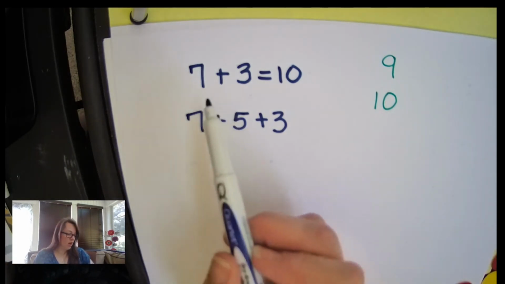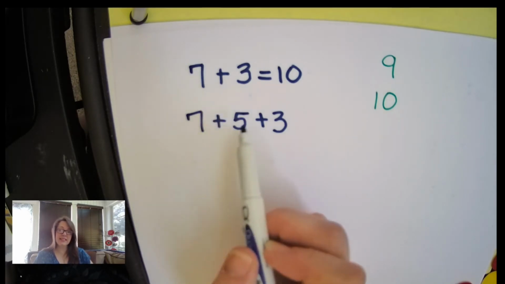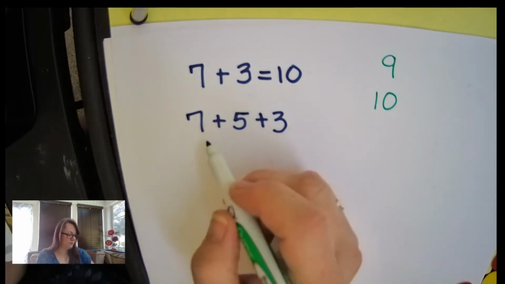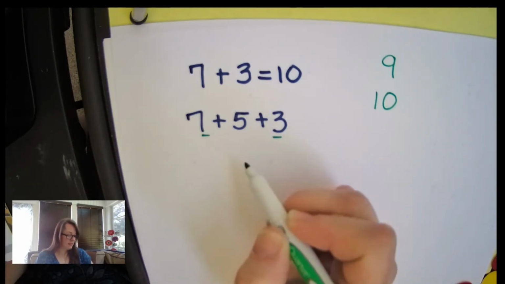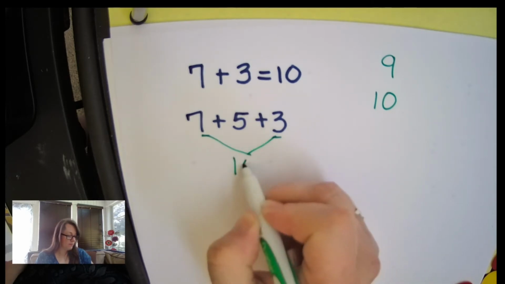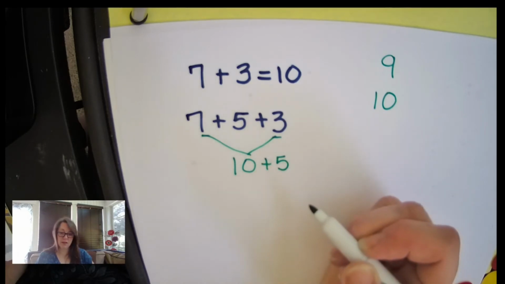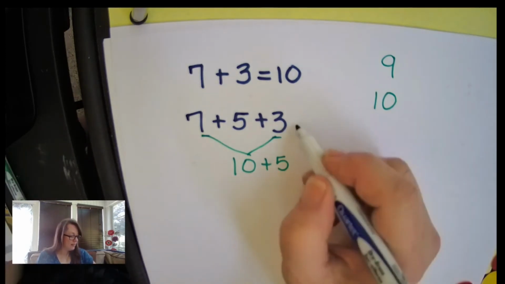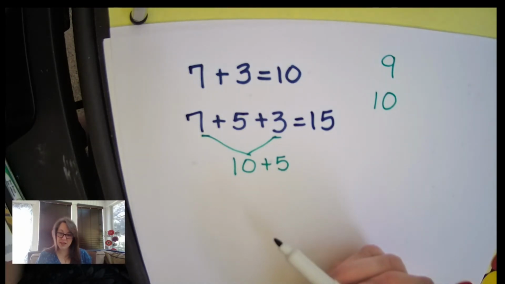Addie says that she saw this problem, 7 plus 3, inside this problem. She saw that she could combine the 7 and the 3 to make 10, and then add 5 more to make 15. Very good.